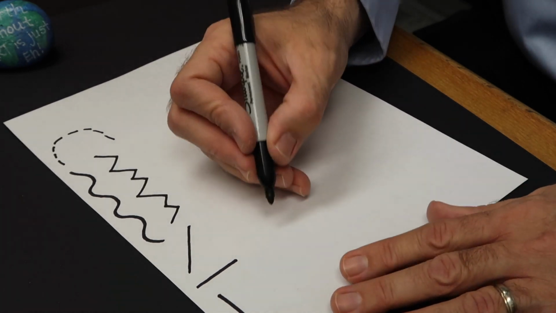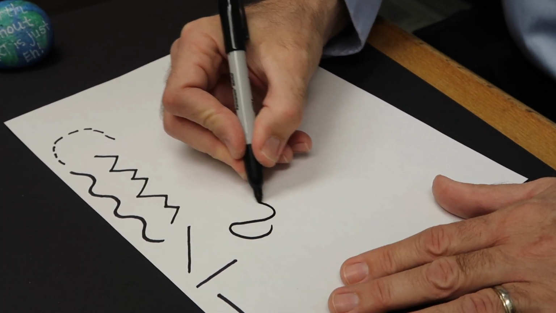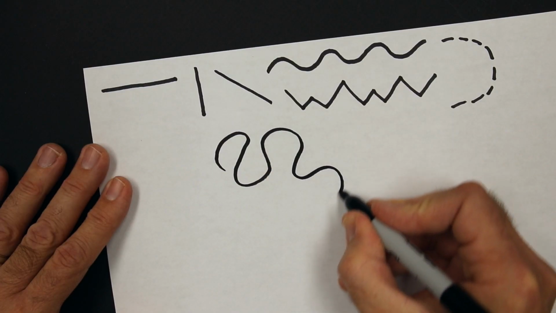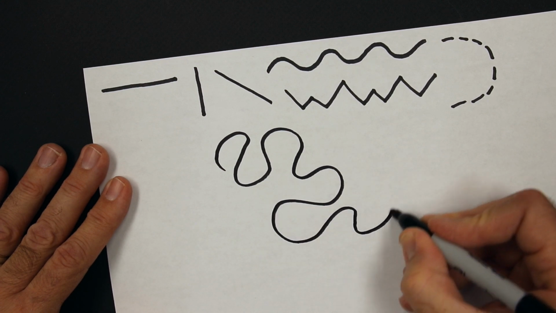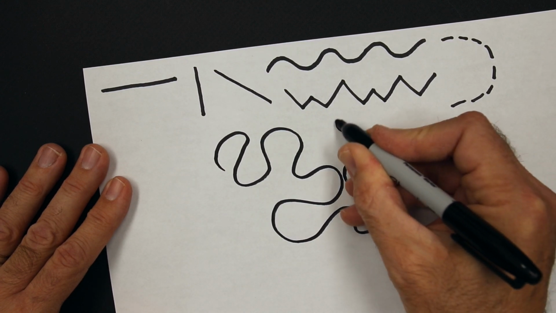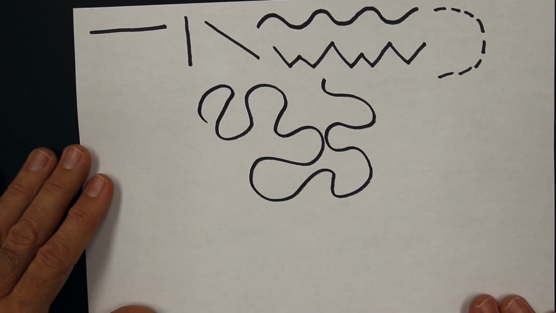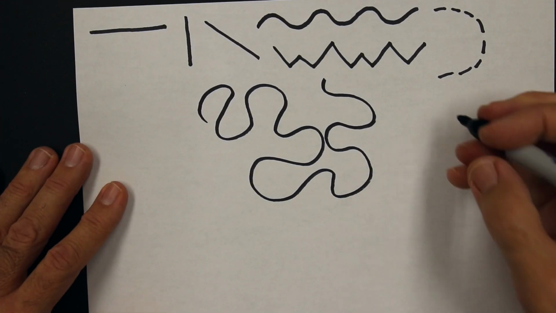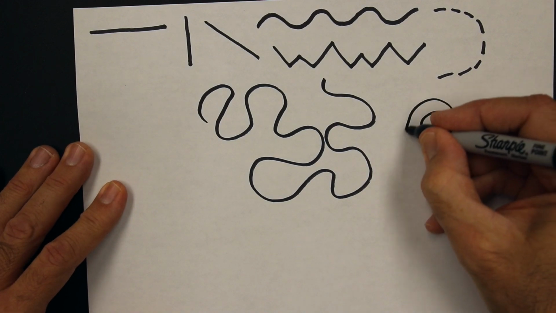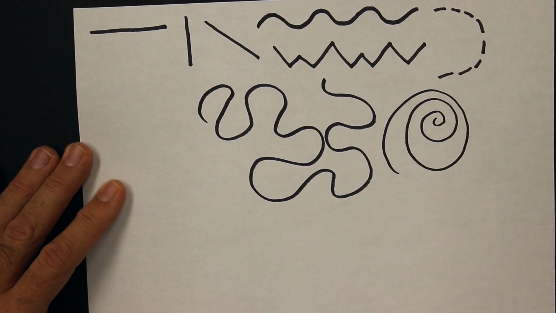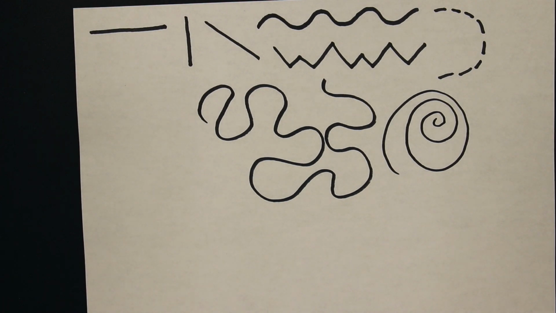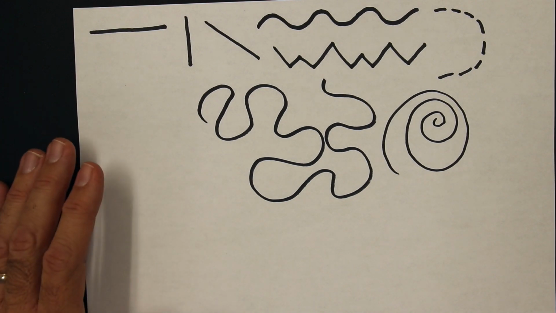And let's see what else. How about just a free-flowing line? A lot of times we'll have lines that are more organic, we'll find in nature. Free-flowing line. Let's see, what else can you think of? How about a spiral? Almost looks like the shell of a snail.